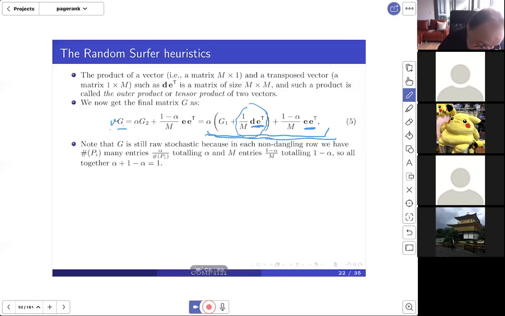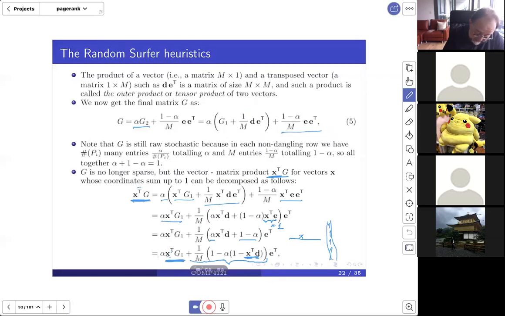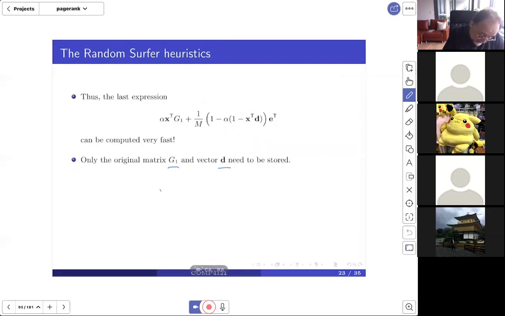And this is another kind of bravery of Page and Brin, because the matrix they produced was not sparse, but they didn't give up and found a way to quickly evaluate the products despite the fact that the matrix is not sparse. So, next thing, and here is the derivation, but as I say, please do go over it, but it is not the most crucial part.